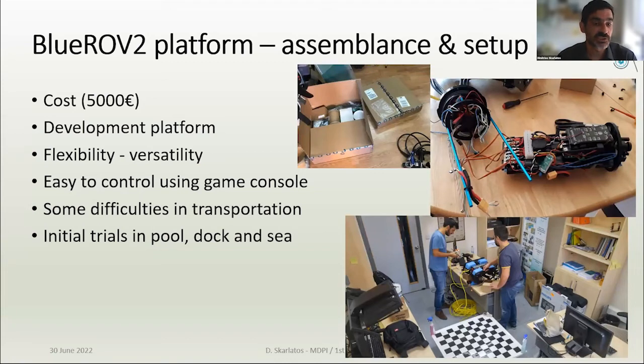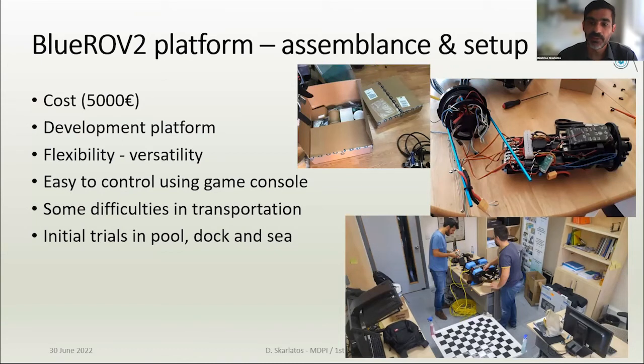The potential is huge, and it has actually been developed as an experimentation platform. It's easy to use, to control using a game console, so everything is pretty cheap. On board it has a Raspberry Pi and a Pixhawk. So in case you flood, for example, if you have a leakage problem, you probably lose equipment of 1,000 euros.